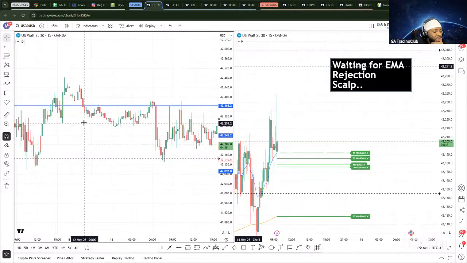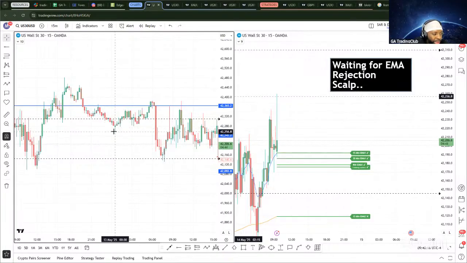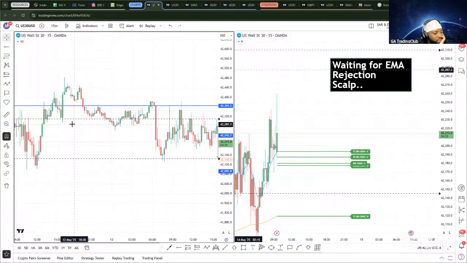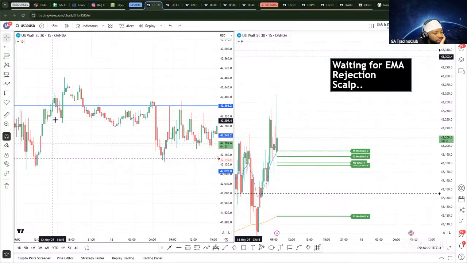Tuesday was yesterday. Yesterday also, one of the pre-market levels hit, I forget which one. On Tuesday, the market closure was somewhere here.